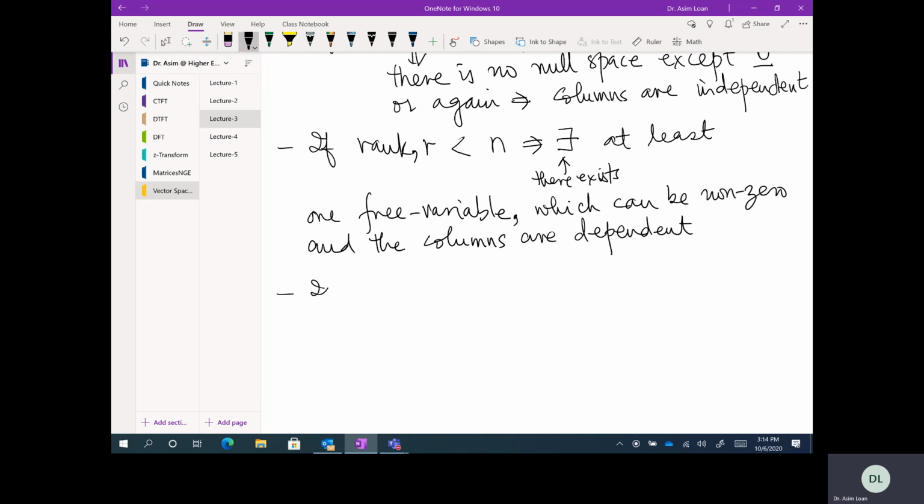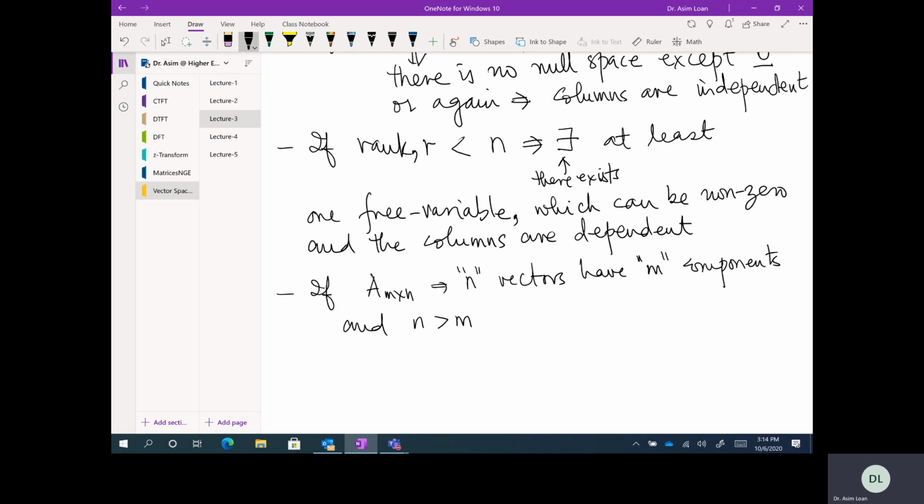Also, if A is m by n, this implies n column vectors have m components, and n is greater than m.